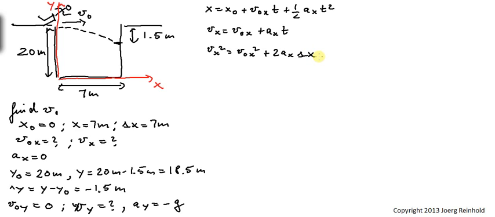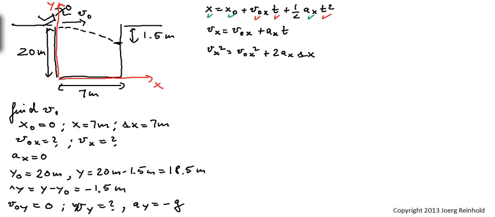Let's check off the things that we know and that we do not know. So in the first equation, we know what x and x0 are. We also know what ax is. However, we do not know what v0x is. Also, we don't know how long this will take. So this equation contains the variable we're looking for and the unknown t.